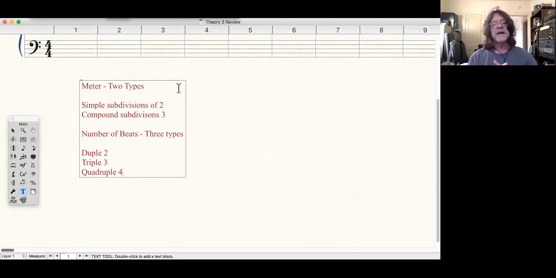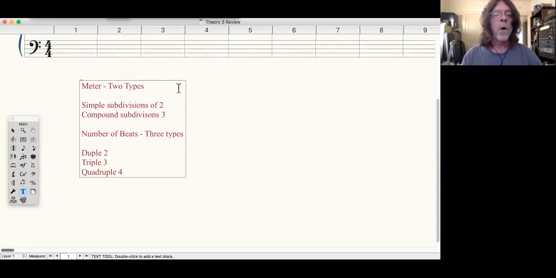So if I was to say something was simple triple, I'm putting these together now. Let's start with the first one, simple duple. Duple means I have 2 beats, and simple means that I have subdivisions of 2. So that's basically something like 1 and 2 and 1 and 2 and.